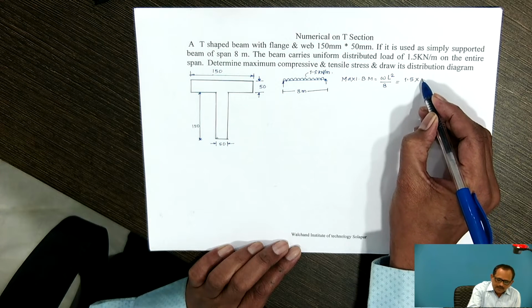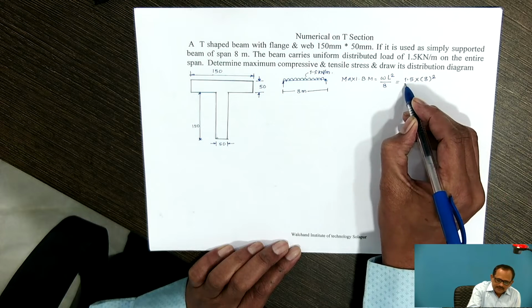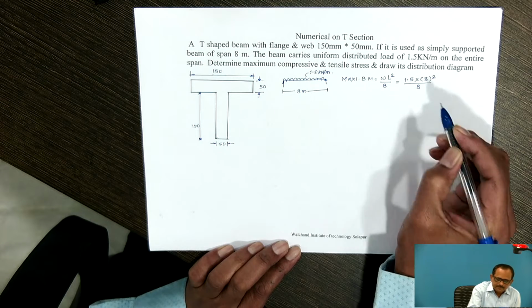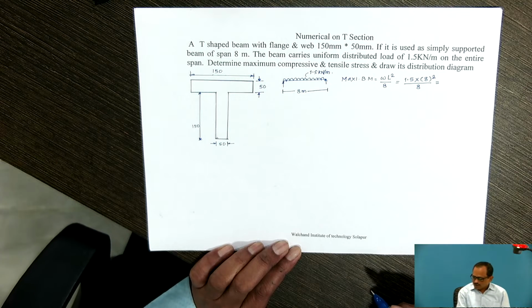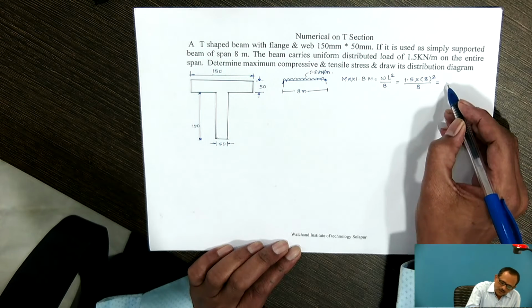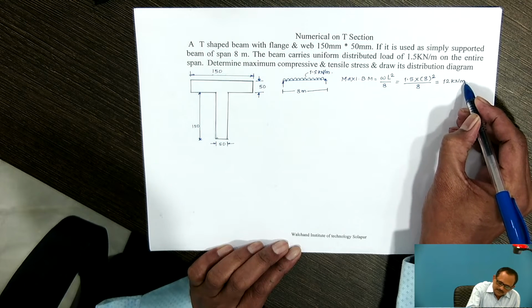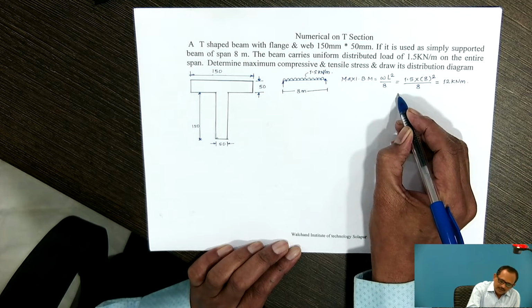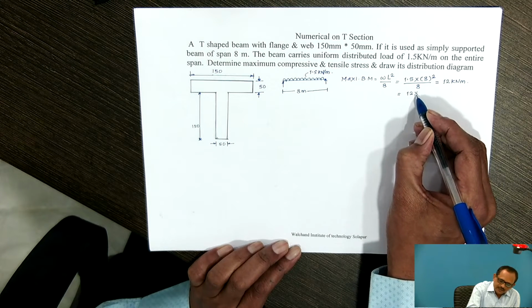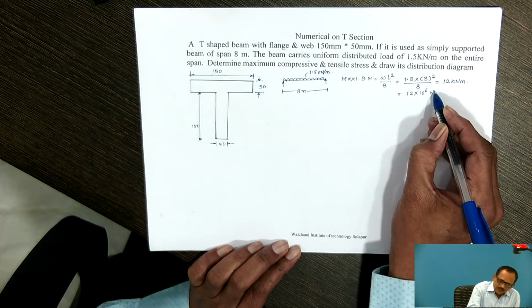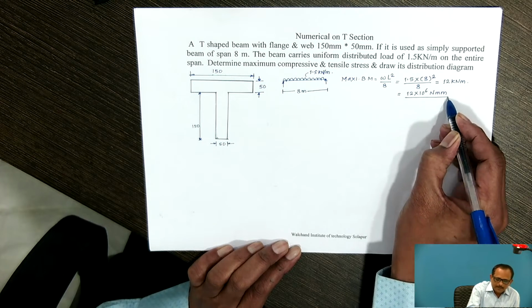Length of the beam is 8 meter, so 8 square divided by 8. Therefore, maximum bending moment for this particular loading will be 12 kilonewton meter. So, you can convert this into Newton mm: 12 into 10 raised to 6 Newton mm. This is your maximum bending moment.